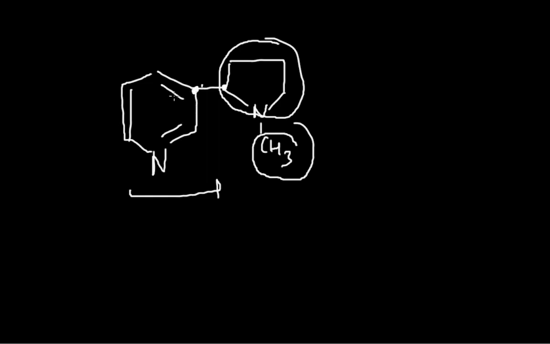Then there are 5 double bond equivalents: 1, 2, 3, and a ring here and another ring here. This structure is satisfying all the arguments that we have made. And see, both the nitrogens are tertiary in nature. So this is your correct structure.